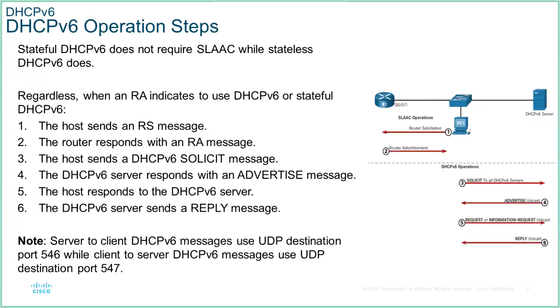These are slightly different port numbers that v6 works on, so it doesn't get confused with the v4 request system, and so it's using 546 and 547 UDP ports.